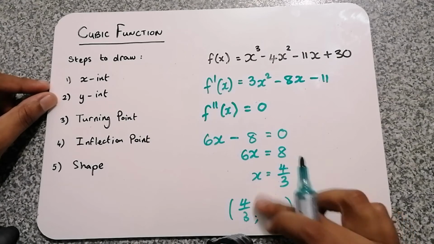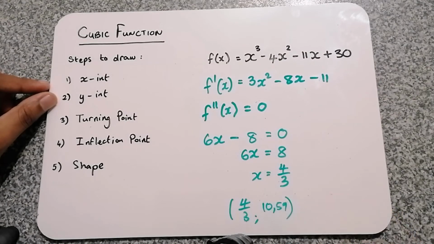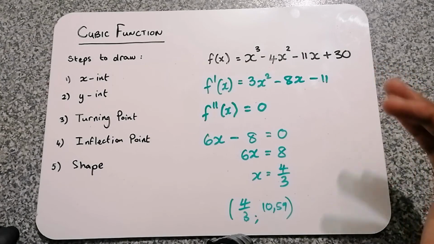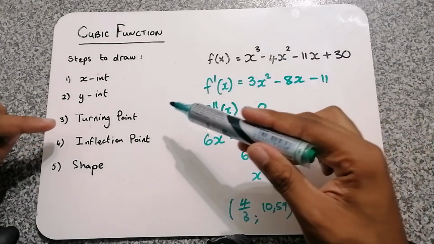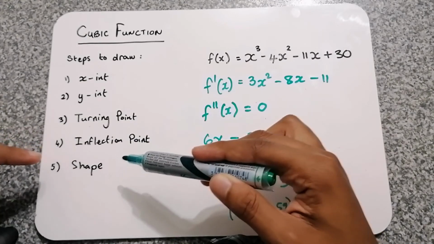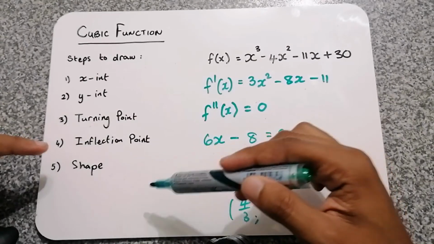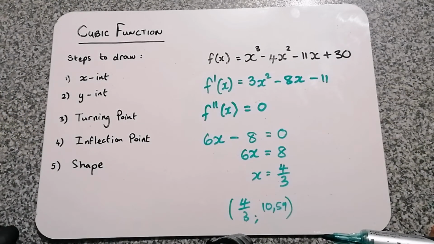Otherwise, you can just write it in its decimal form, which is 10.59. Or you can just say 10.6, I guess. But okay, so we've done all the calculations. This is the inflection point. We've worked out the turning point. So now we just need to figure out our shape and then plot it. I guess plot the points, figure out the shape, and draw the graph.